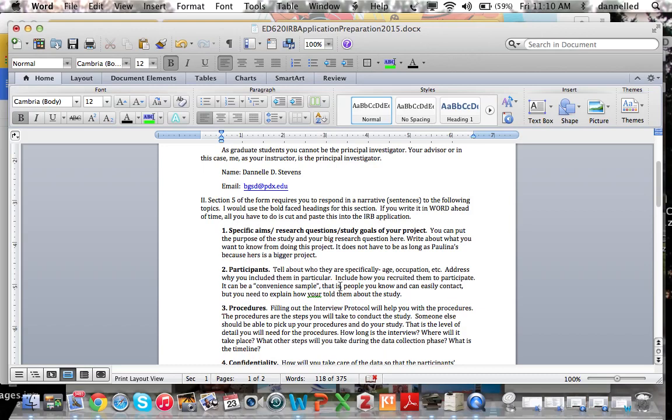The next section is on participants. The IRB is particularly concerned about who is going to participate in your study, because if it's children or other people that might be vulnerable, like prisoners, then they want to know that their rights are protected.